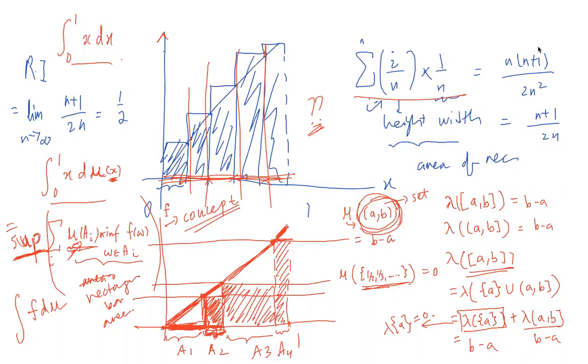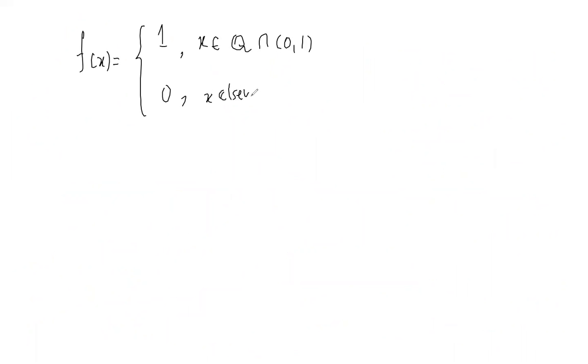Okay. Right. So let's take a 10-minute break for some stretching. Then we come back, and I'll explain to you how to use the Lebesgue integral to solve the problem just now. The problem that we're going to talk about is f of x equal to 1 when x is a rational number in 0, 1, and 0 elsewhere.